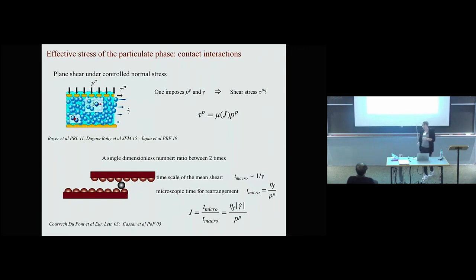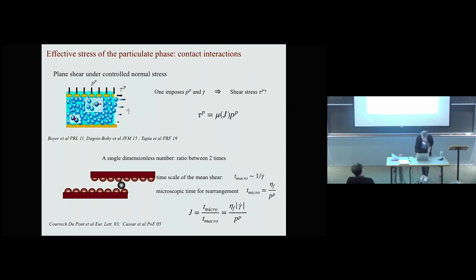And the second corresponds to the time where the particle falls in between other particles due to the confining pressure. This time depends on whether there is a viscous fluid in between or not. In the case of a viscous fluid, we found that the microscopic time depends on the viscosity and on the pressure. Then you build this J number, which is a comparison of these two typical times and which is, in fact, a dimensionless shear stress.